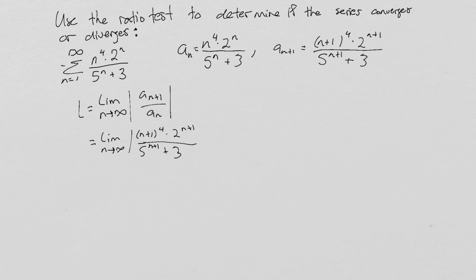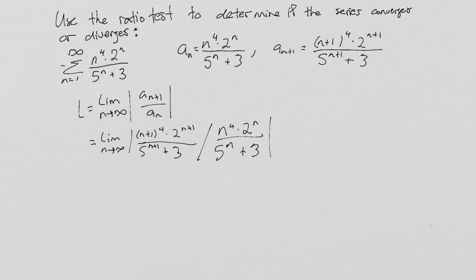Now I need to divide, so I'm going to use that symbol. And then I'm going to write a sub n, which is this thing right here. So I wind up getting n to the fourth times 2 to the n all over 5 to the n with a plus 3. And then I close my absolute values.